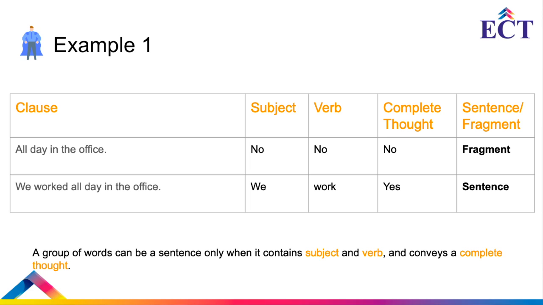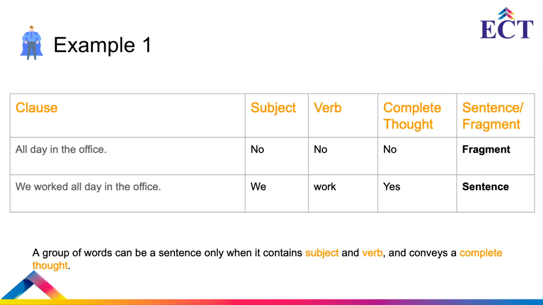Then how can we make it correct? We worked all day in the office. Now, does it have a subject? Yes, it's we, because we did something. Then the verb, work, right? The action was the work. Is it making a complete thought? Yes, and that is why it's a sentence. Remember that including fragments is a mistake.